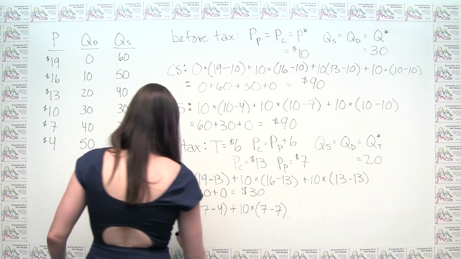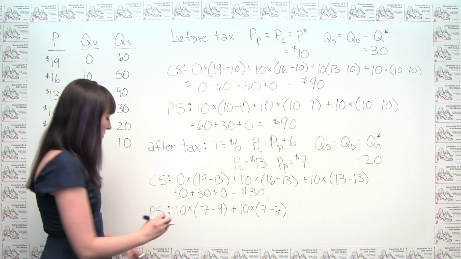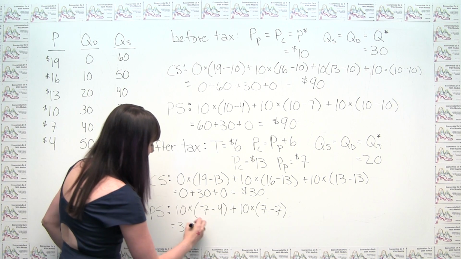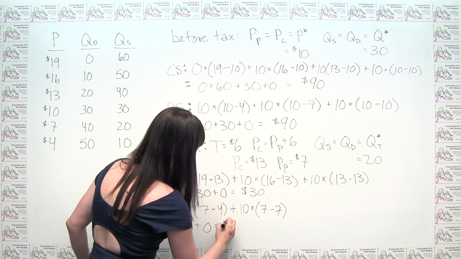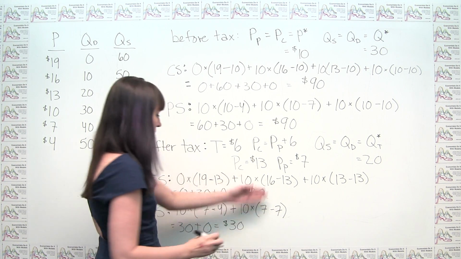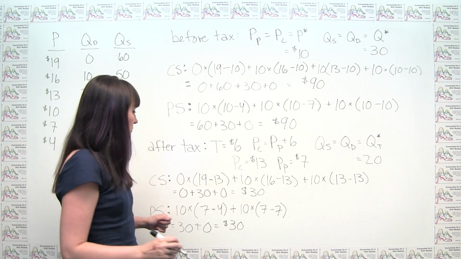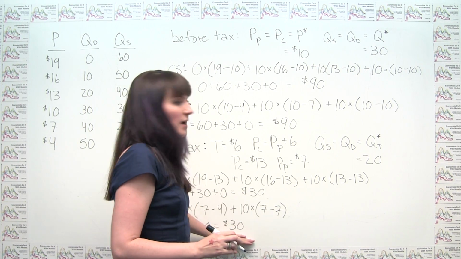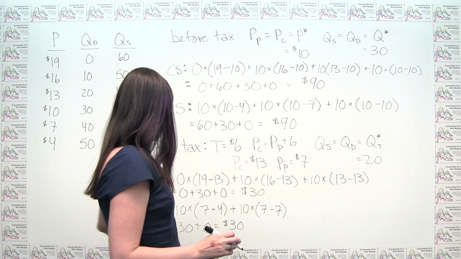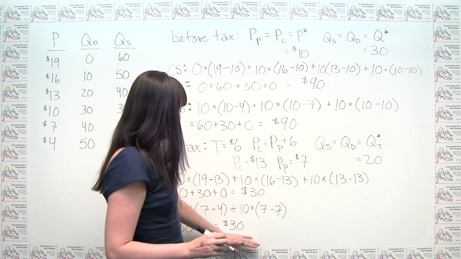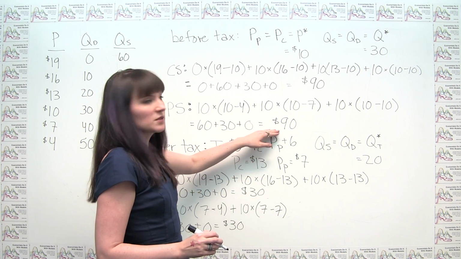And if we put this together, we get 10 times 3, which is 30, plus 0, which is just $30 of producer surplus. So we can see again, as taxes tend to do, our producer surplus is lower under the tax than it was without the tax.